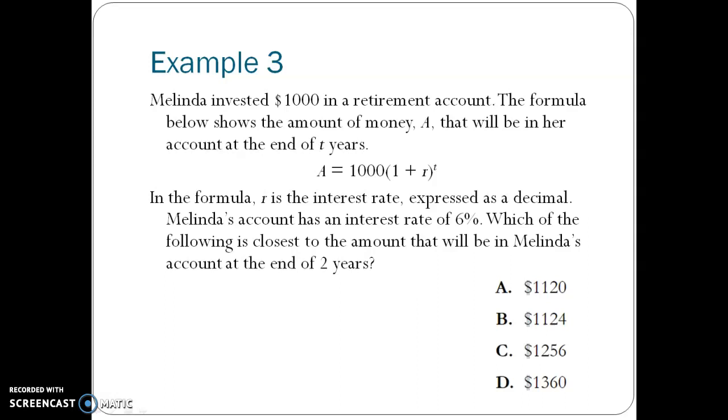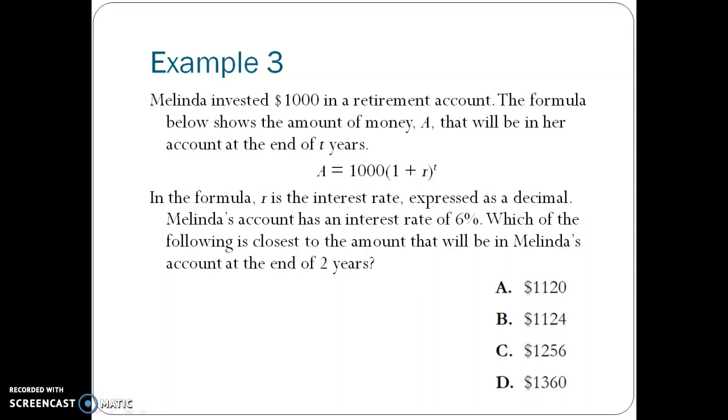We already know A represents the amount of money that will be in the account, and T represents the number of years. All right, let's keep reading. In the formula, R is the interest rate expressed as a decimal. Melinda's account has an interest rate of 6%. Which of the following is closest to the amount that will be in Melinda's account at the end of 2 years?